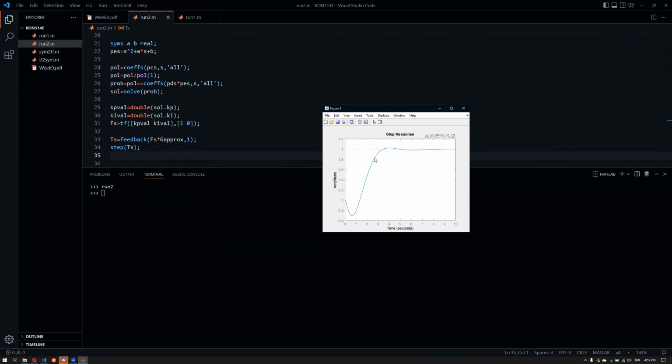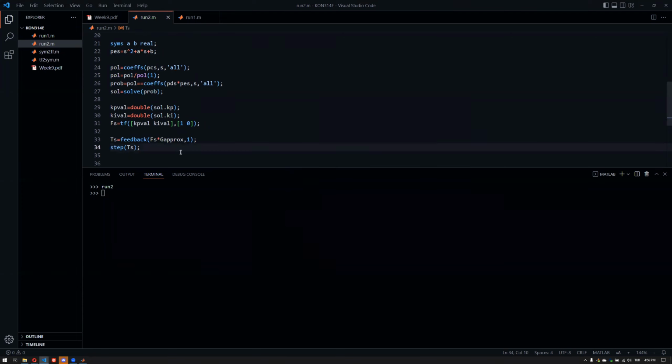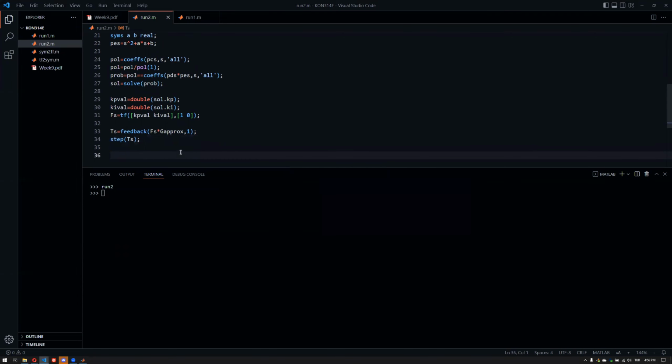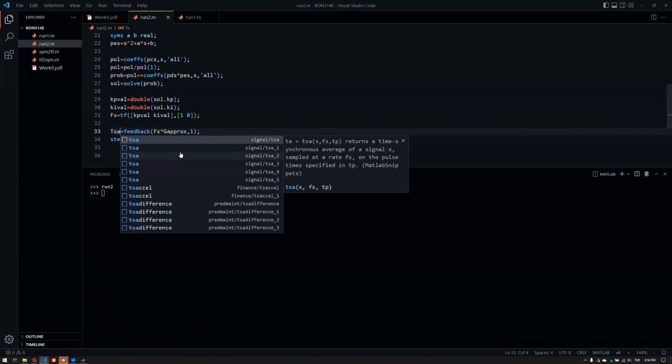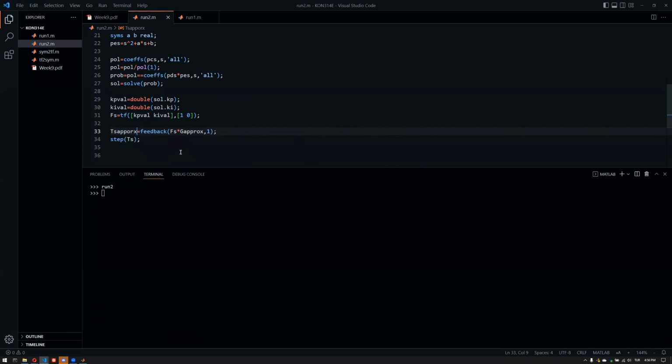It has a bump, but it seems to have a certain overshoot. It's not looking like 10%, but we can look at the pole zero map and understand why that is. But this is not the actual response that we should see.